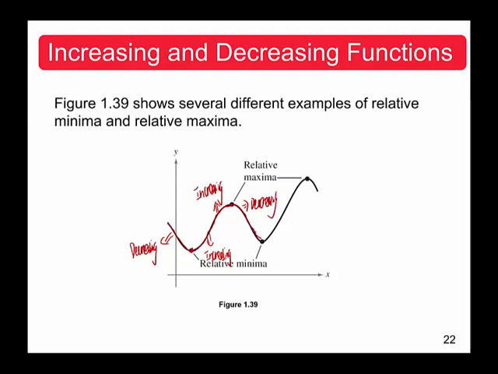Then back down here, decreasing all the way to the bottom and increasing, a relative minimum here. One more time, increasing all the way to the hill and going back down, relative maximum. So labeling those increasing, decreasing intervals will help you find and locate those relative minimums and relative maximums.